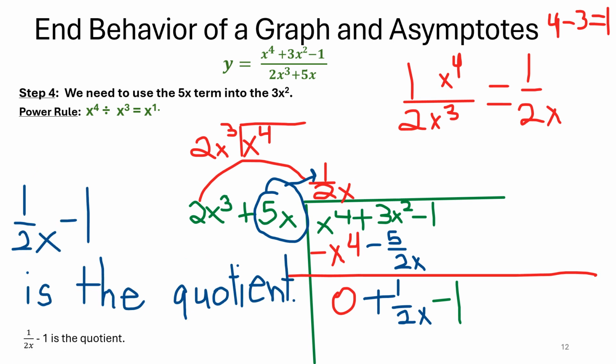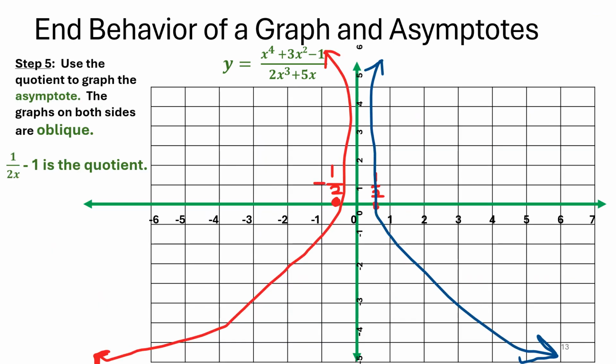So that's a quotient. And this is how we do our asymptote. Because this is your quotient and it's oblique, which you already knew, it has to approach the line at negative infinity. So as it comes here, it's going to kind of go this way, and then it's going to kind of go this way. If you wanted to draw it, or if your teacher asked you to draw it approaching both, that would get kind of hard.